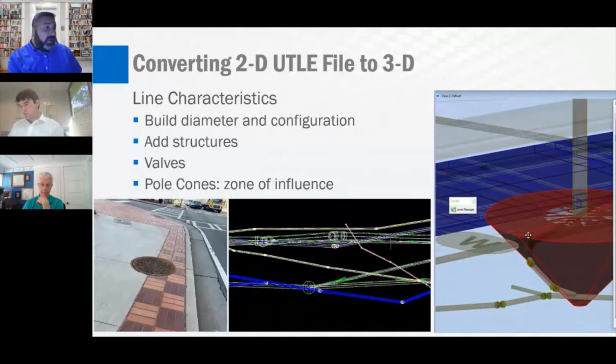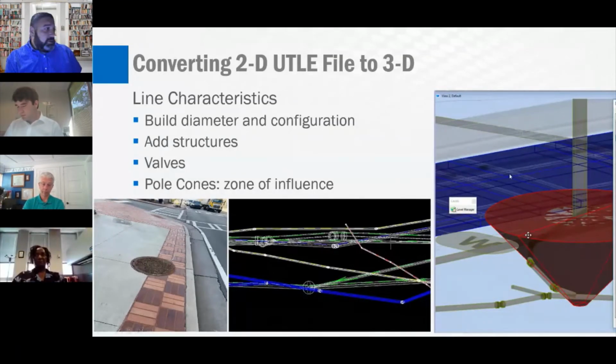We also included a reference to what we call pole cones, shown on the image here on the right-hand side of the screen. It's going to reduce the integrity of the pole's footing if there's a utility conflict within that cone of reference of the pole. The key to doing this is that the better information you have, the more we can get out of a 3D UTLE file.